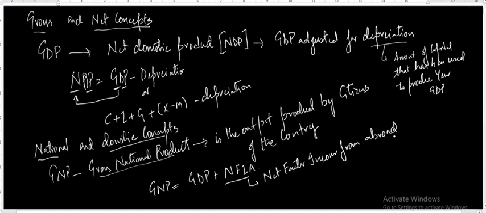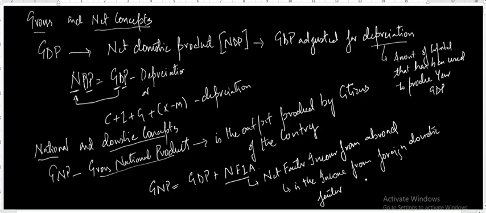Now I'm going to open it up a bit. Net factor income from abroad is the income from foreign domestic factors.